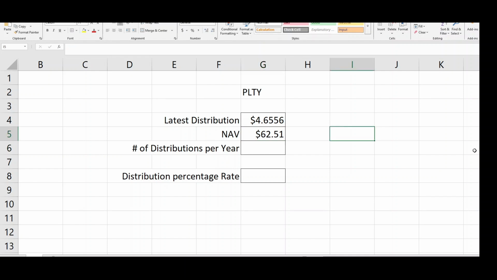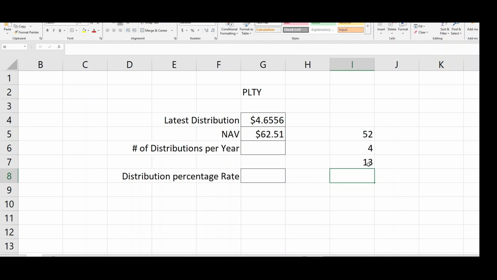And then we need to know how many distributions per year that PLTY will pay out. Well, we know there are 52 weeks in the year, and we know that PLTY will pay out every 4 weeks. So it's not necessarily every month, it's every 4 weeks. So we can just simply divide those two by saying equals 52 divided by 4, and we get 13.